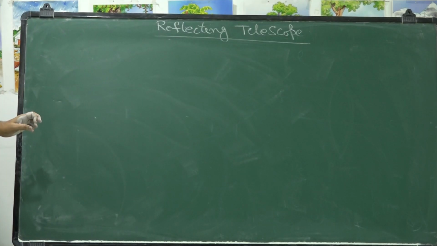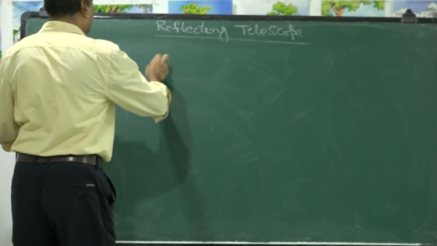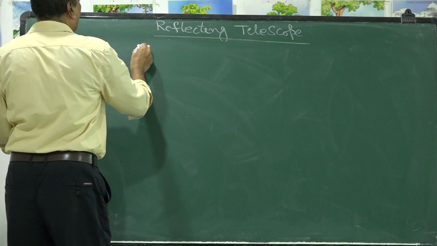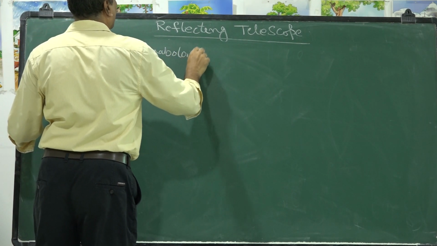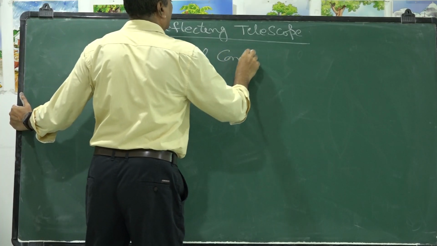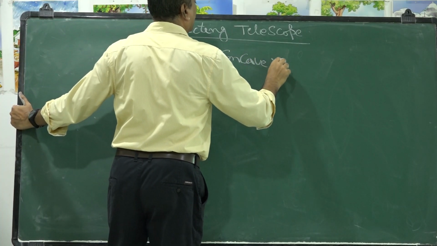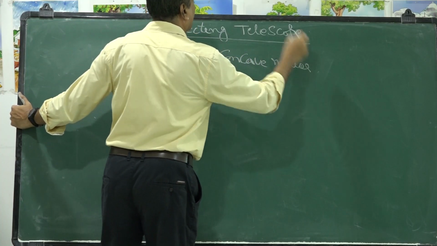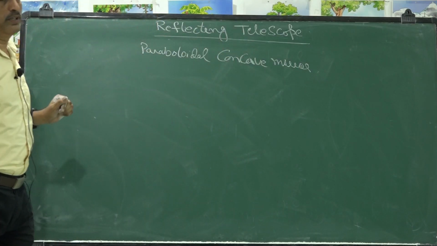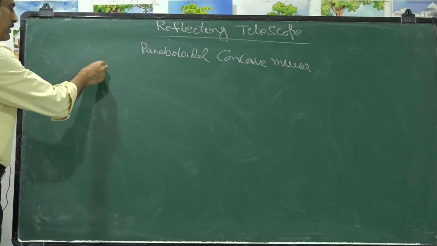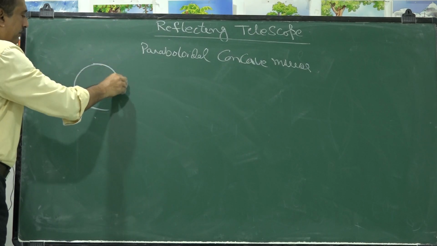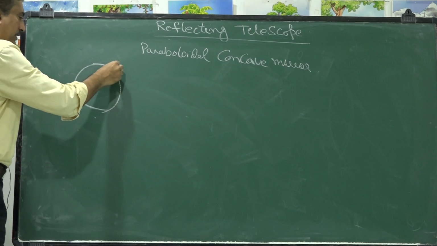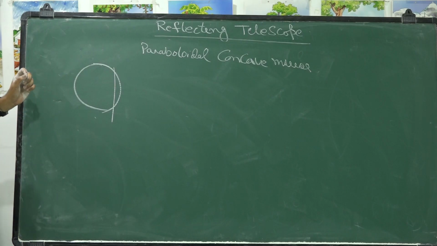In a reflecting telescope, we use a paraboloidal concave mirror. Actually we manufacture the mirror from a spherical surface, it is cut from a spherical surface.